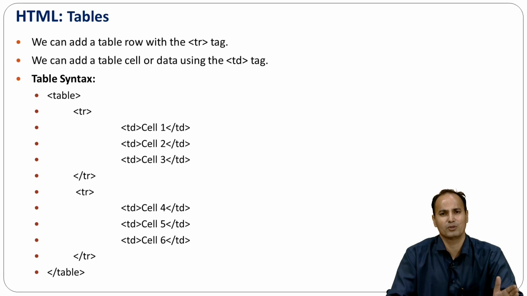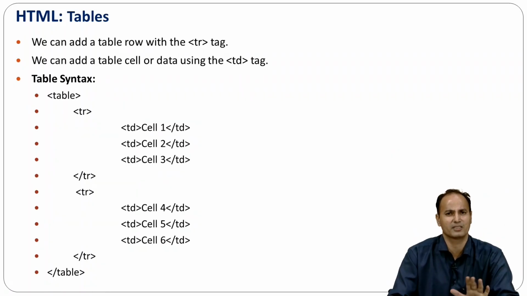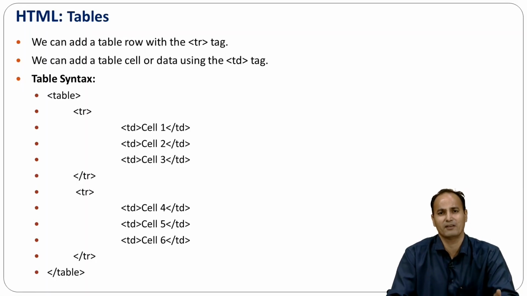Within that row, if we want to fill in the data, we will use a TD tag as our table data, or we can say a cell to contain the data. As you can see in this slide, we have a table row, and within the table row we have 3 TD tags. 3 TD tags means our table consists of 3 columns. Cell 1, cell 2, cell 3 generally form 3 columns, 3 data items contained in a single row. Then in the next row we will have another 3 data items, and after that we close the table.